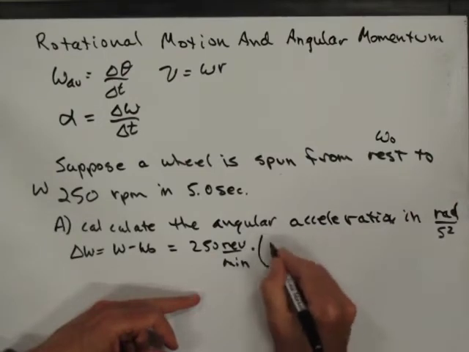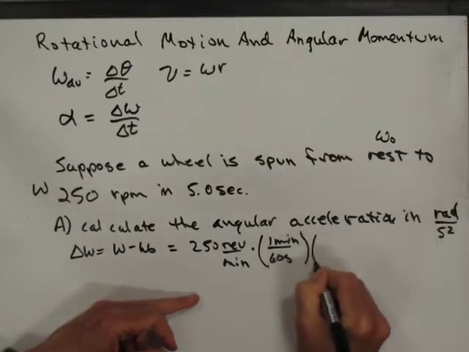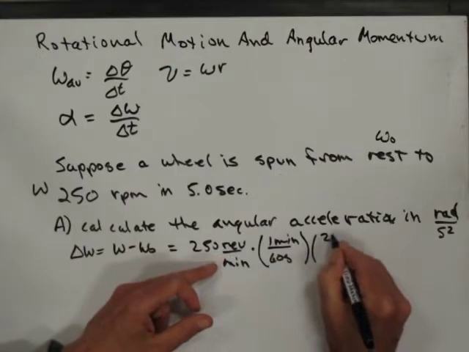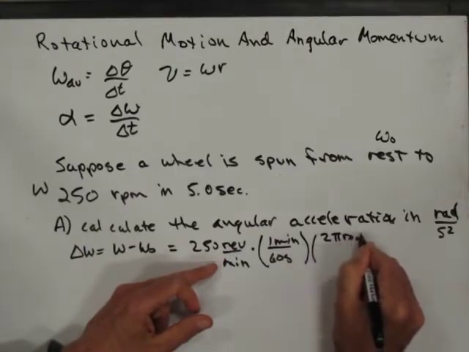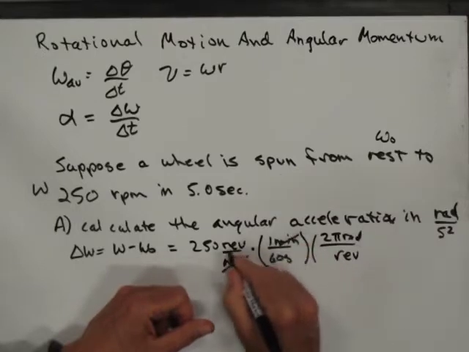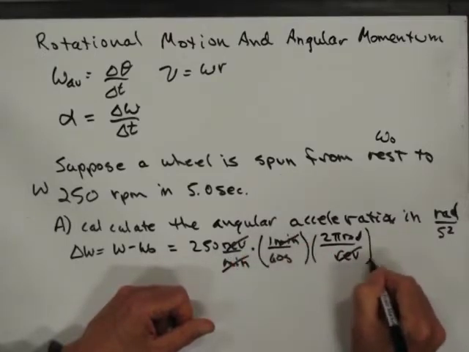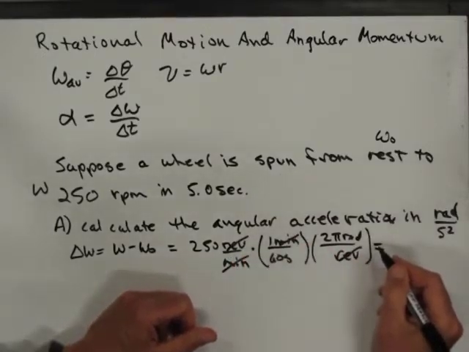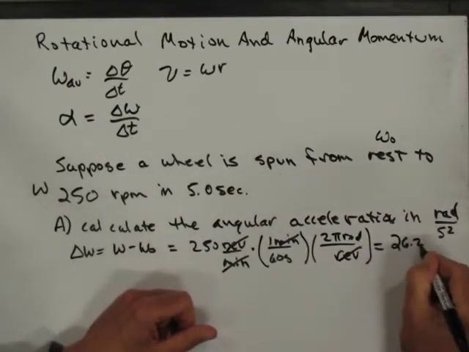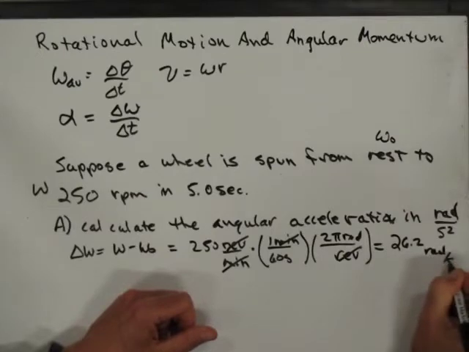And so I'm going to multiply this by 1 minute over 60 seconds, and by 2 pi radians per revolution, and I should be careful to cancel the units to make sure I got the things in the denominator and the numerator correctly. And this comes out to about 26.2 radians per second.